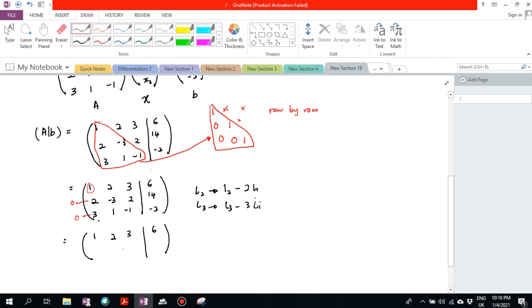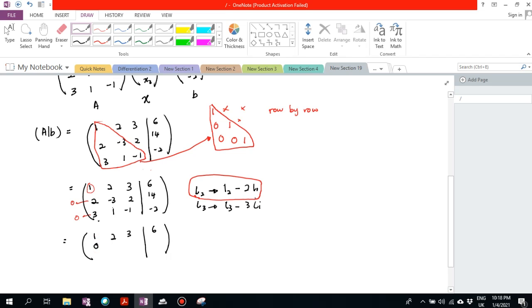We go for row number 2: R2 equals R2 minus 2R1. The first one, 2 minus 2 times 1, becomes 0 here.